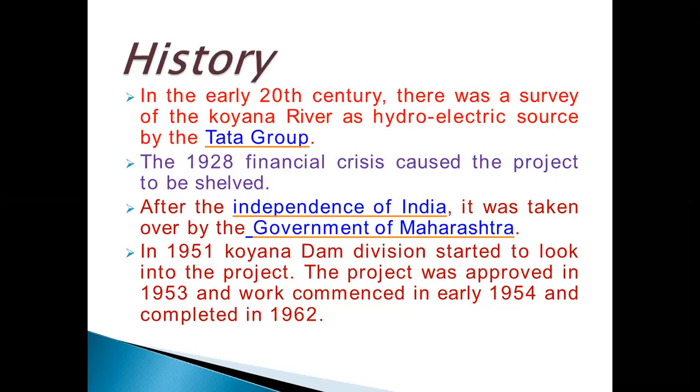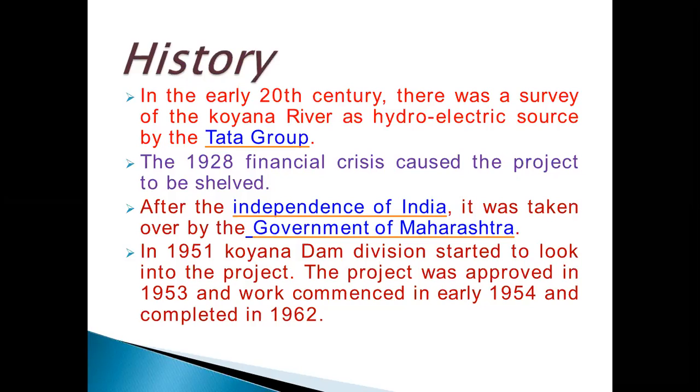In the early 20th century, there was a survey of the Koyna River as a hydroelectric source by the Tata Group. The Tata Group did that survey and gave a proposal. In 1928, the financial crisis was also there.